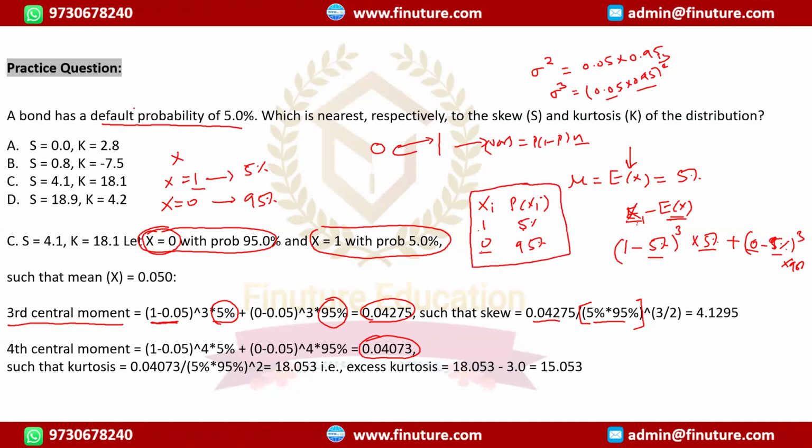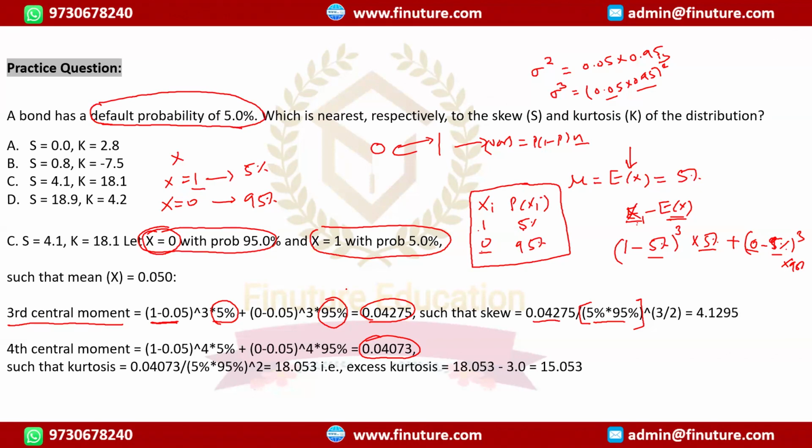Because the outcome of the variable is binomial: the bond will either default or not default. The random variable can take two values, default or no default. The probability of default is 5%, and the probability of no default is 95%. That's the reason you use the variance formula of the binomial variable here, P times one minus P.